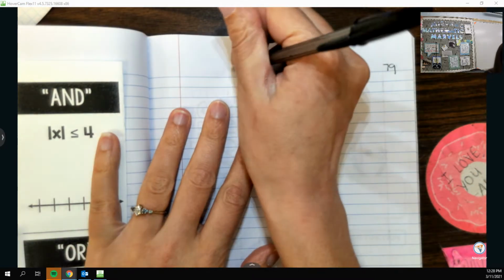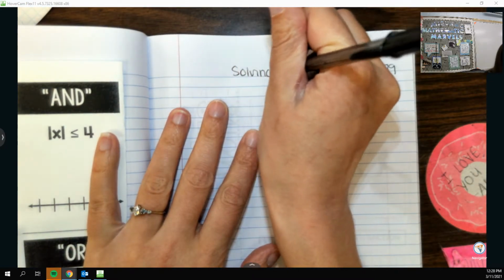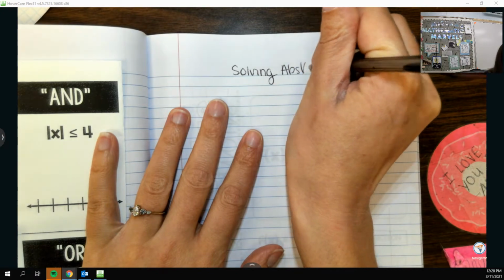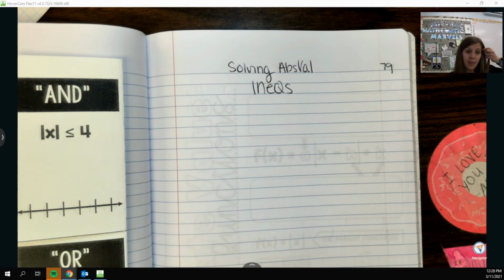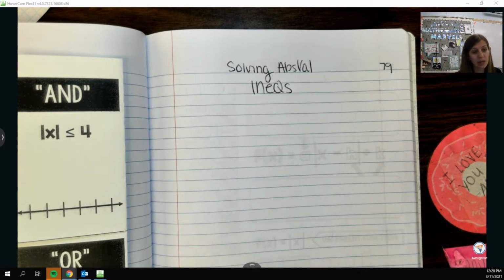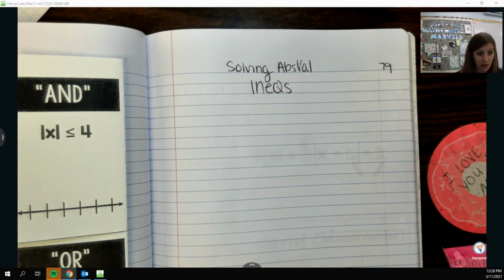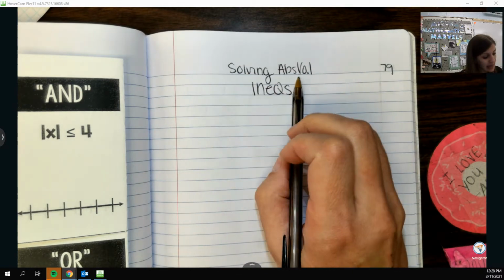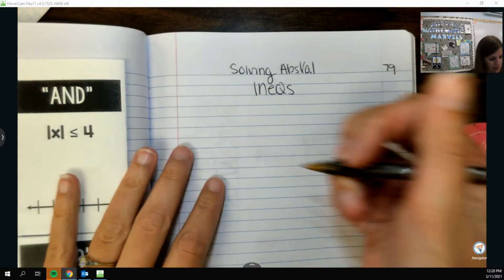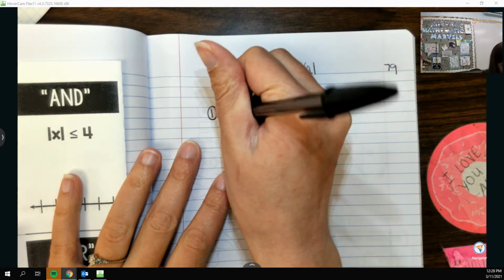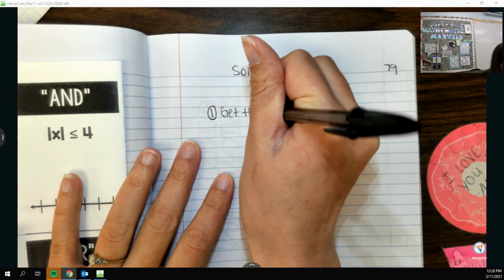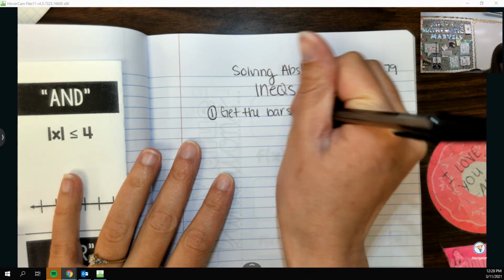So, solving absolute value inequalities. Okay, now hopefully we remember the inequalities are like greater than or equal to, less than, or less than or equal to. Now, basically, when we're solving an absolute value, we want to solve it the same way. So our first step in solving an absolute value was to get the bars alone.